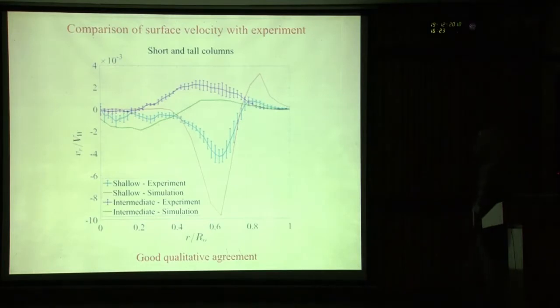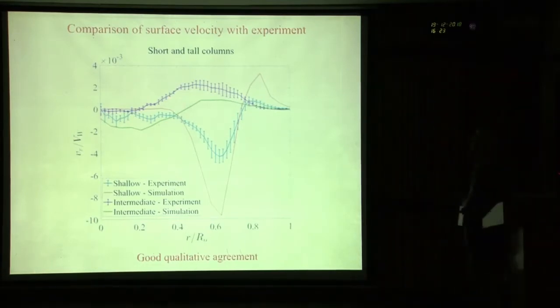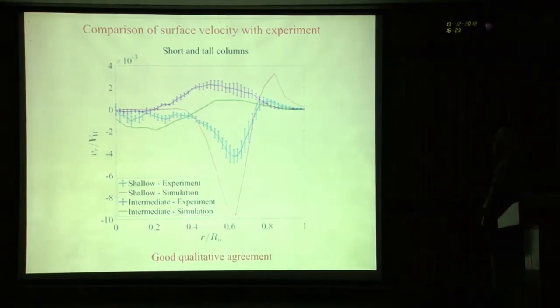Now, this compares quite well with imaging experiments at the free surface, okay? So the data points are what we measure, and these are for the short column, these data points, and this is the DEM measurements. These are our observations, and these are DEM measurements. So they are in agreement with experiments.